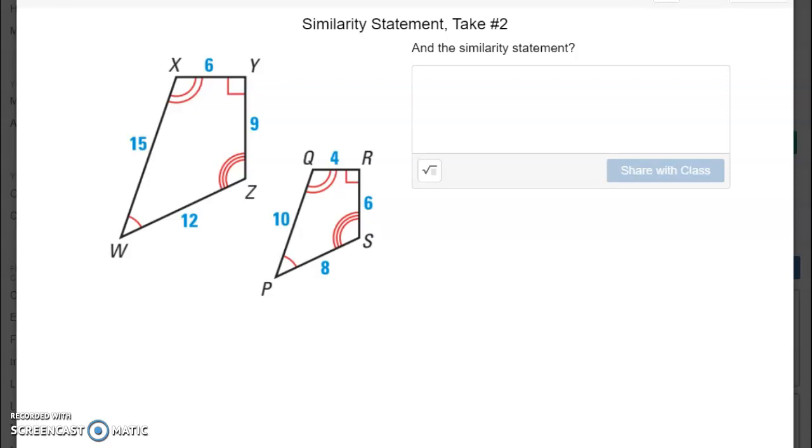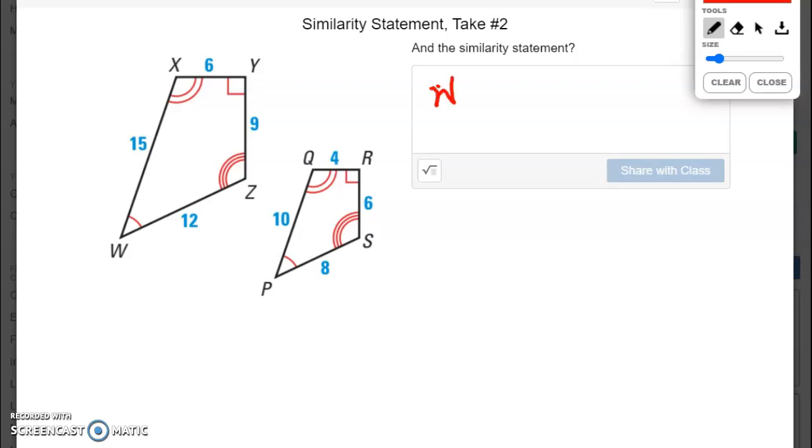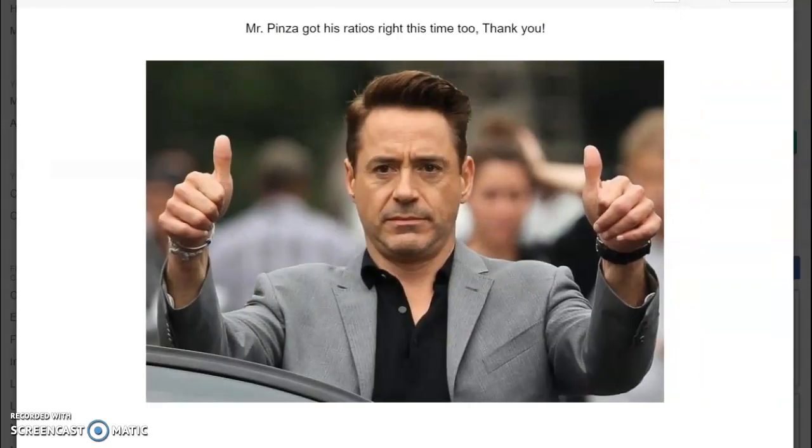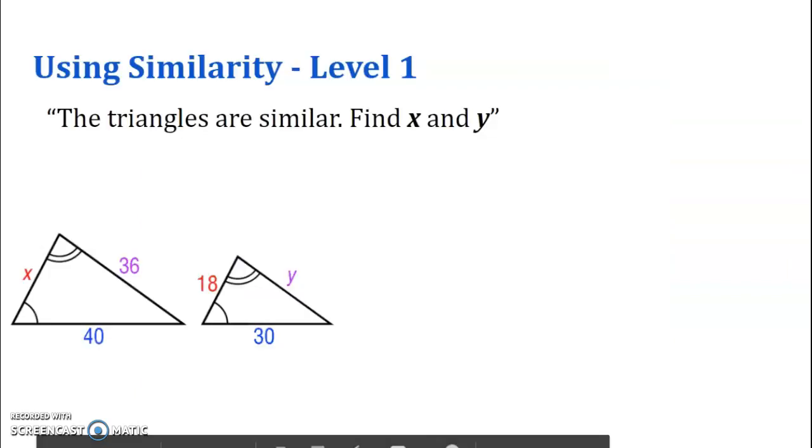We need to start with W. We can say WXYZ is similar to PQRS: W corresponds to P, X corresponds to Q, Y corresponds to R, and finally Z corresponds to S. So that would be my statement. And then Mr. Pinza got his ratio right this time too. Thank you. Let's get back to our slides.